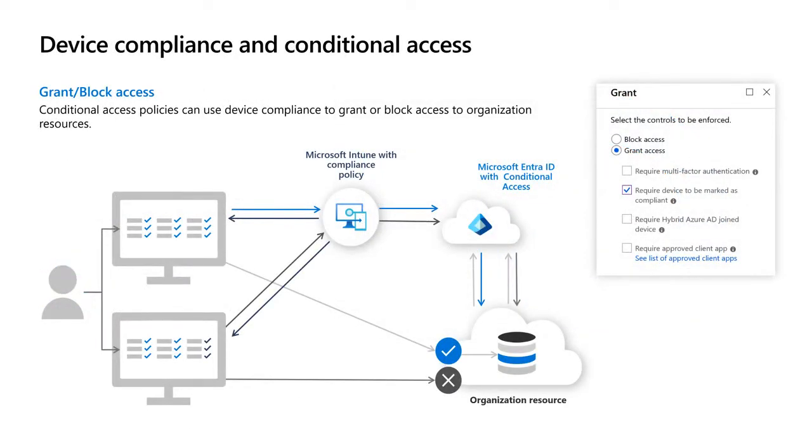Now, how that plays a role with conditional access. Earlier I talked a lot about conditional access policies and how important they are. Well, you take that to the next level. As you can see here, you can grant access to a device based on the device being marked by the system as compliant, right? You might have a separate set of applications.